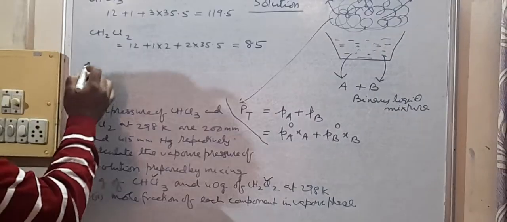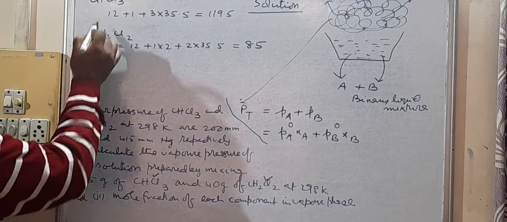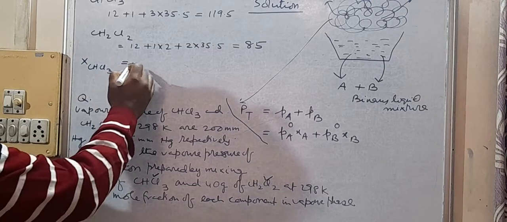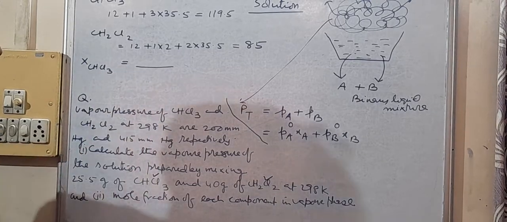Then we have to find the mole fraction of CHCl3. Before finding the mole fraction, we should find the moles of chloroform, which is the mass in gram by molar mass.